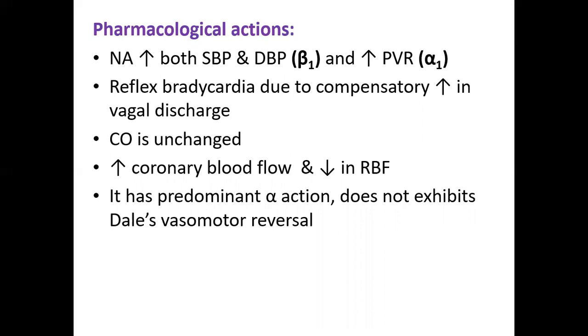Cardiac output is unchanged, and there is increased coronary blood flow and decreased renal blood flow. It has predominant alpha 1 action. Unlike adrenaline, noradrenaline does not exhibit Dale's vasomotor reversal.